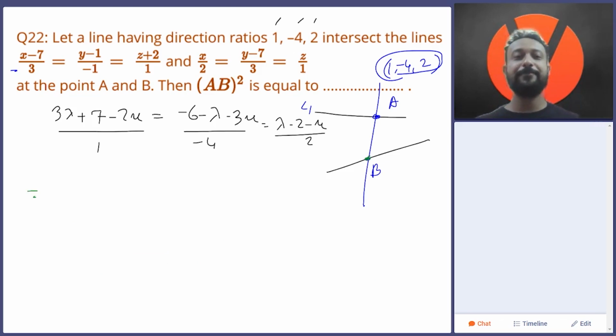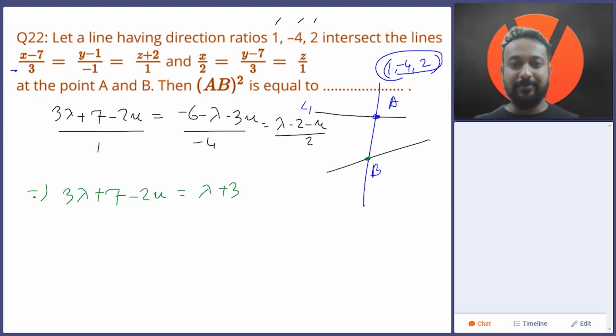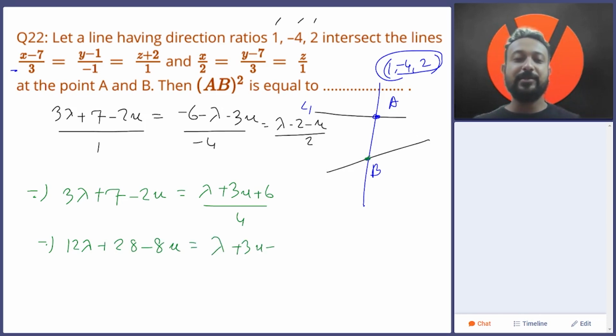That's it. So if you do it, 3 lambda plus 7 minus twice mu is equal to minus, if I'm taking common, lambda plus 3 mu plus 6 divided by 4. Multiply: 12 lambda plus 28 minus 8 mu equals minus lambda plus 3 mu plus 6. So one equation we will get, I think, 11 lambda minus 11 mu.